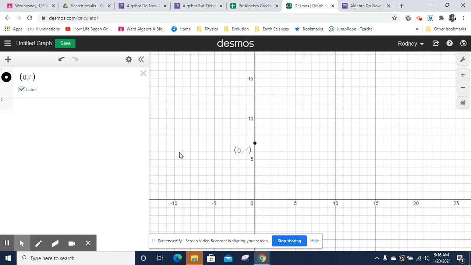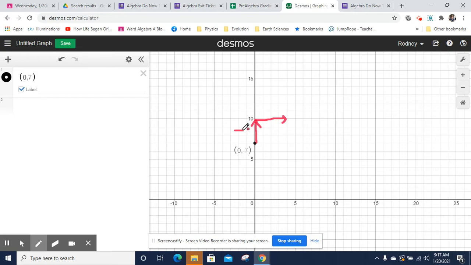So a rise of 3 is going to mean we go up 3 from that point. So up here, and that rises up to (0, 10). But then we also need to run 4 from that point. So 1, 2, 3, 4 places from there.